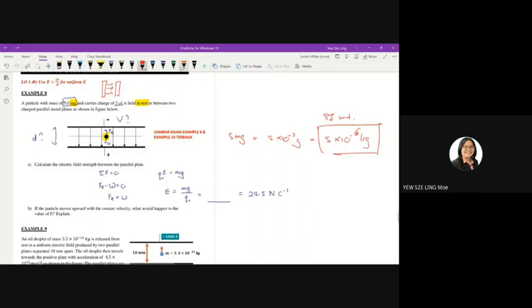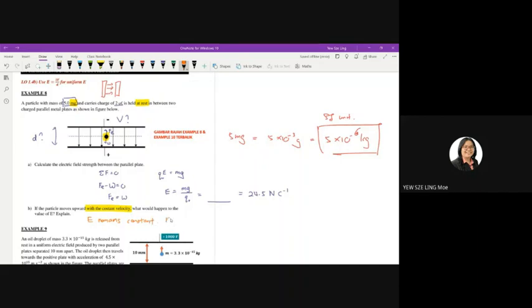Next question. If the particle is moving upward with constant velocity, what would happen to the value of E? E remains constant. How do I know it remains constant?